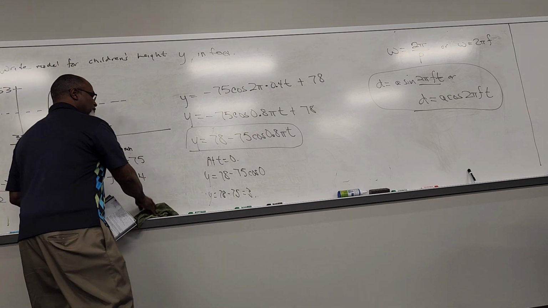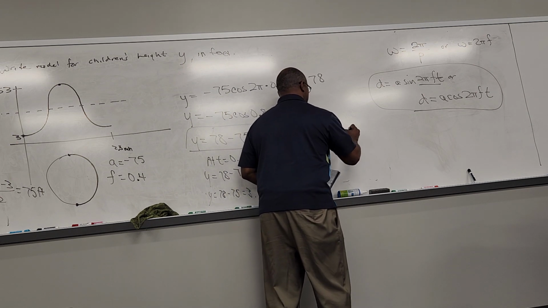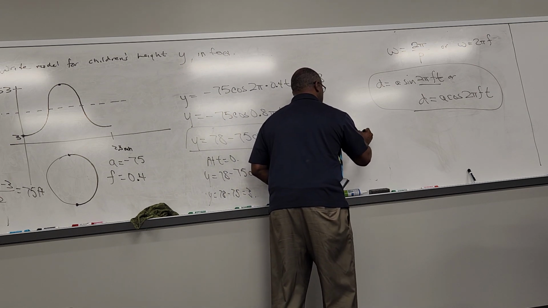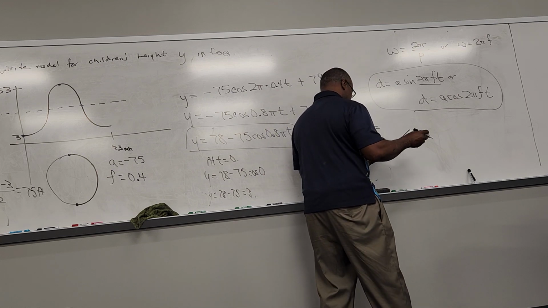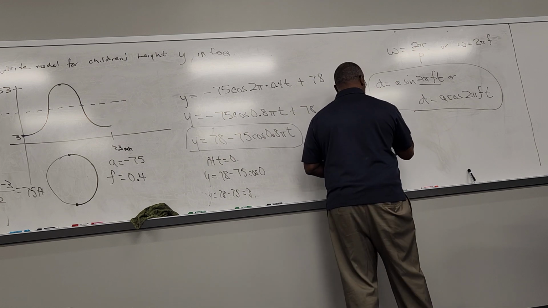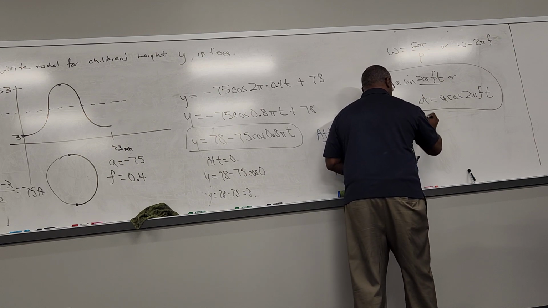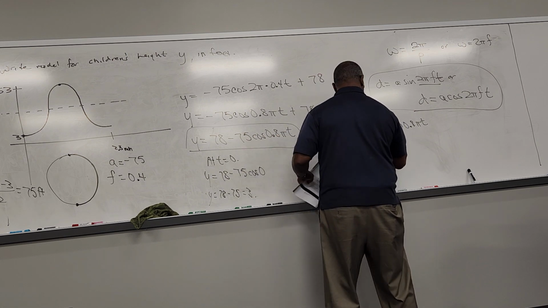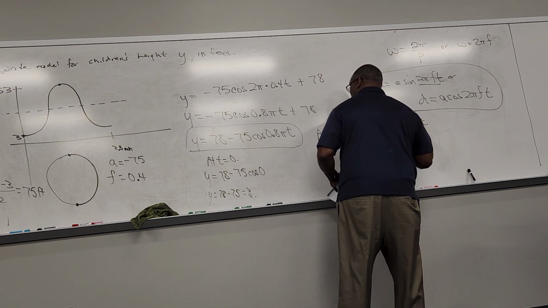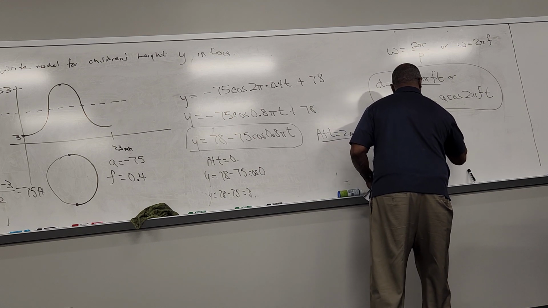And that's easy stuff. At t equals 2 minutes, I'm gonna have to calculate both x and y. So my model for x was 75 sine 0.8 pi t. And my model for y is this, 78 minus 75 cosine 0.8 pi t.